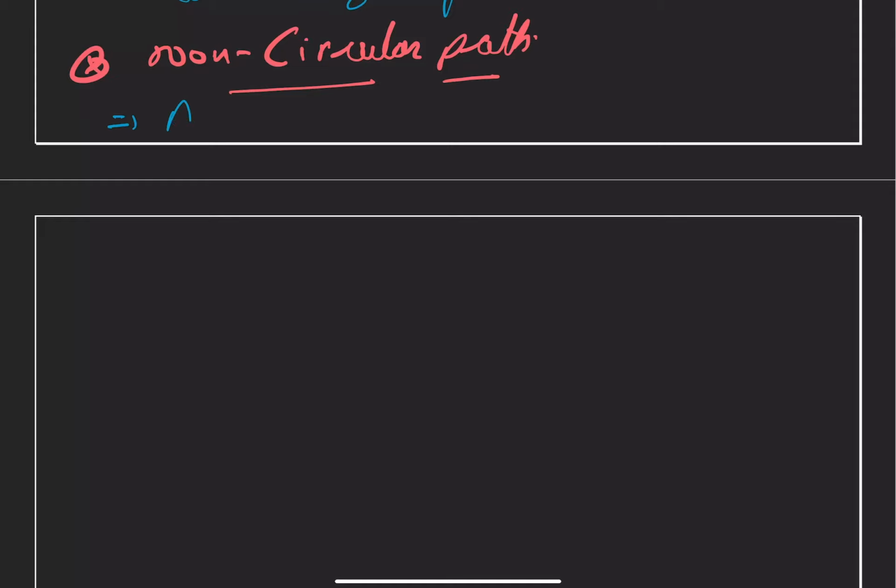A circular path occurs when only a magnetic field acts perpendicular to the velocity.